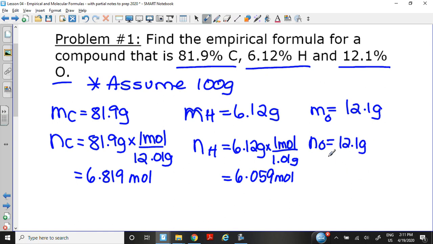The molar mass of oxygen is 16 grams per mole. So we need to divide by 16. And when we do that, we get 0.75625. Okay. So now we've got all of our numbers in a ratio with moles.